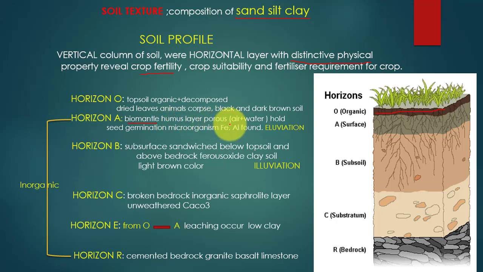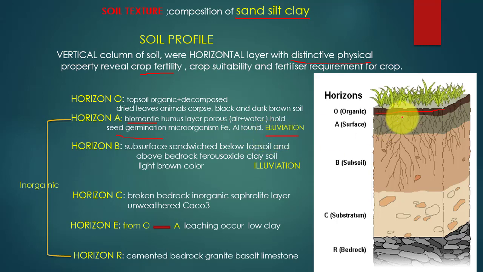It is porous, and air and water are held tightly in this layer. This layer is also known for seed germination. Microorganisms are also found and do their work, like most rodents. Here we also find ferrous and aluminum, like ferrous iron components. This also does alluviation.